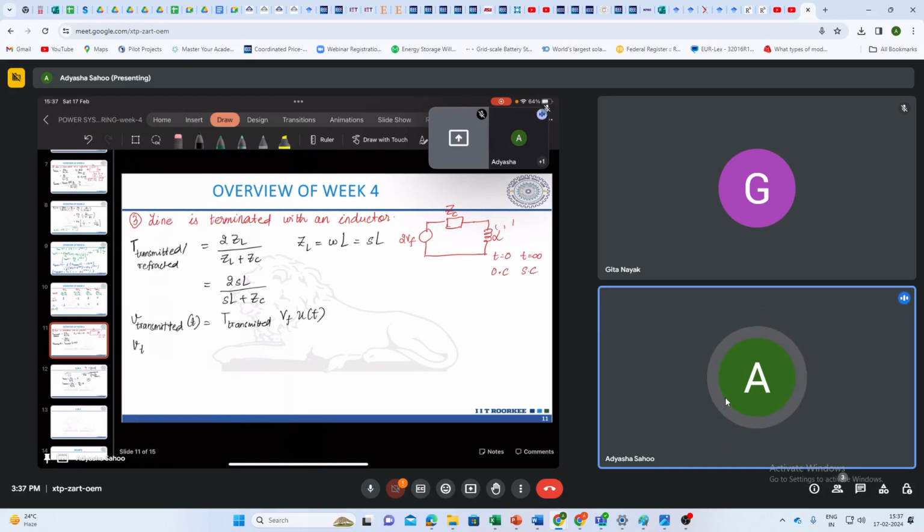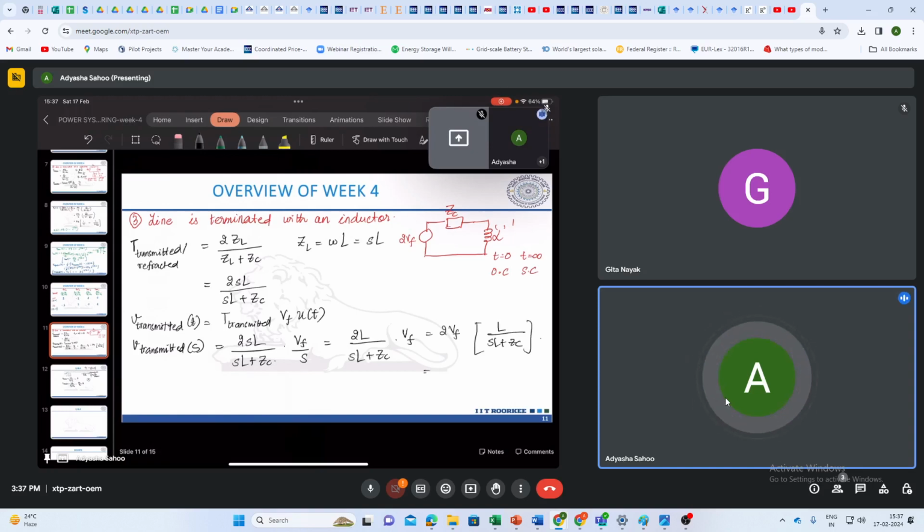So in S domain, V transmitted of S will be 2SL divided by SL plus Z_C into V_F by S. So basically this is 2V_F L by SL plus Z_C.